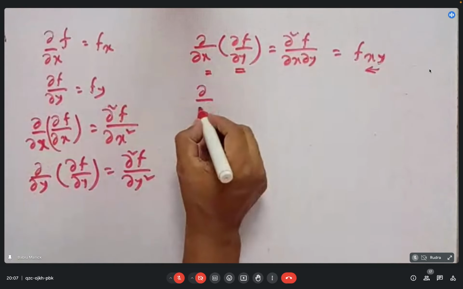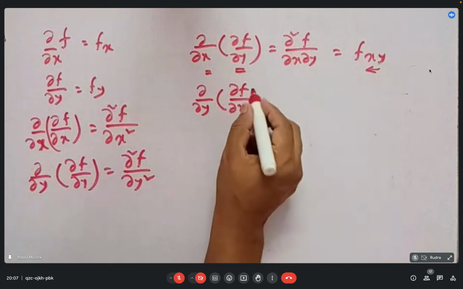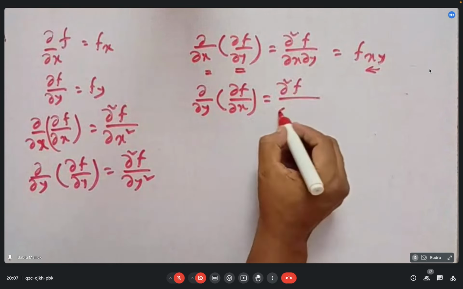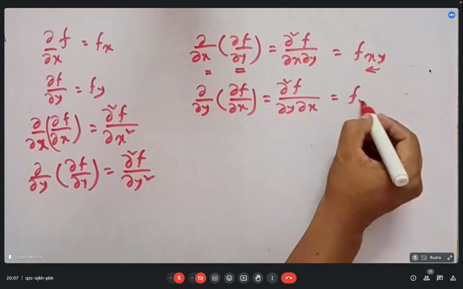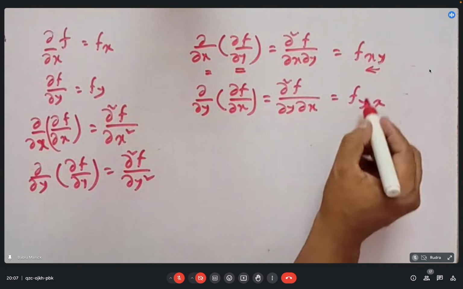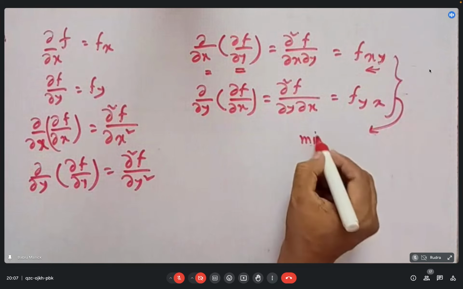Similarly, del y of del f del x is del 2f del y del x, so it is fyx. These two are known as mixed derivatives.